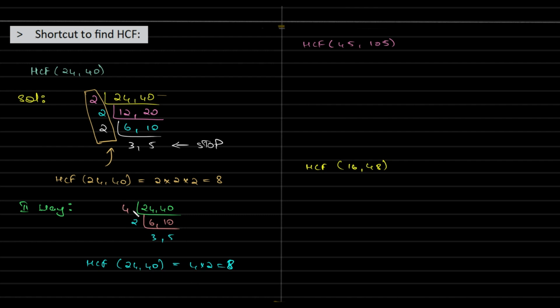You can start with the biggest number that can divide 24 and 40. You actually could have even done directly 8 times 3 is 24 and 8 times 5 is 40, done. You stop over here because 3 and 5 don't have any common factor other than 1.